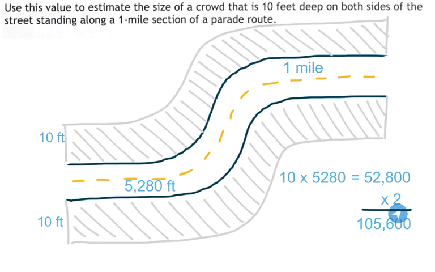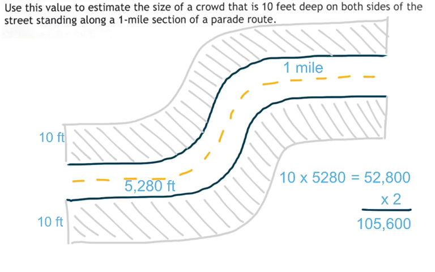And we're going to multiply that by 2 because there's two sides of the street. That's what the word both means. It means 2. Multiply that by 2, we get 105,600 square feet. That's the area that people could be standing to watch this parade.